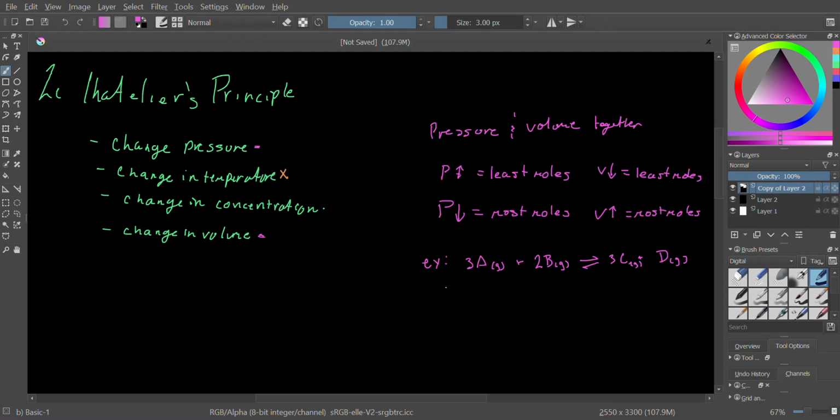So if I were to say that this is all happening inside of a piston, and out of nowhere our volume is halved.